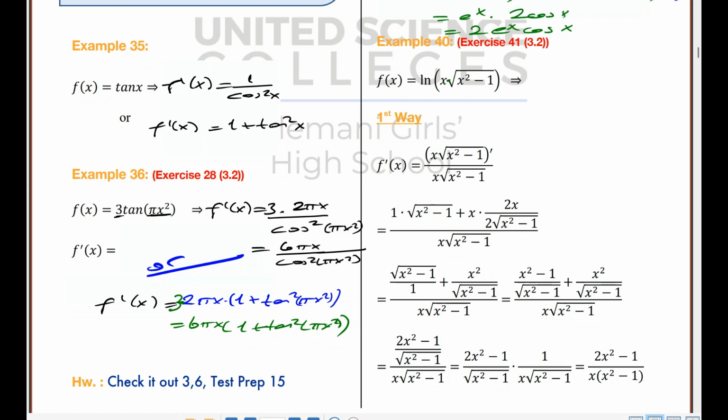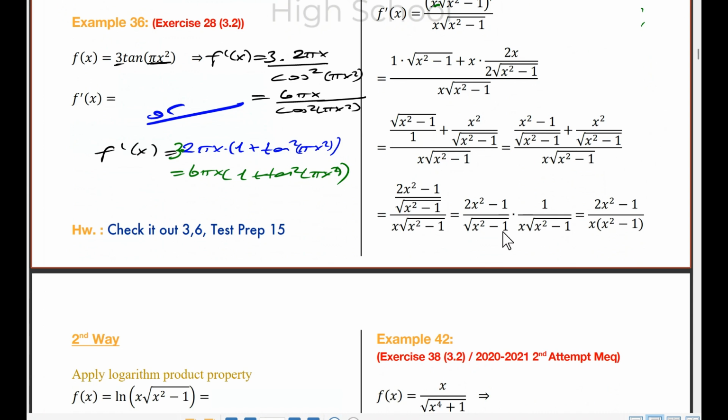So the first way is taking the derivative by using the derivative of natural logarithmic function, which is derivative of the angle divided by the angle itself. Since the derivative of angle involves product rule and radical, the steps are too much. We have division, equalizing denominator, simplifying. There are a lot of simplification techniques here, so I don't suggest using this way. I'll explain this question in another way.